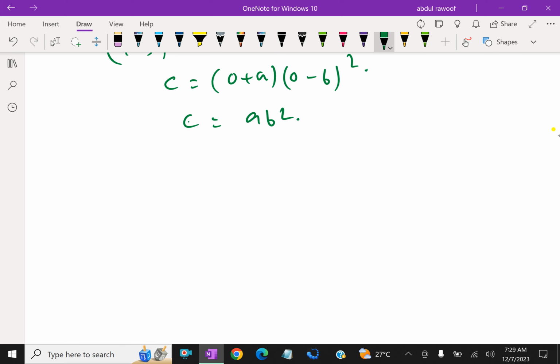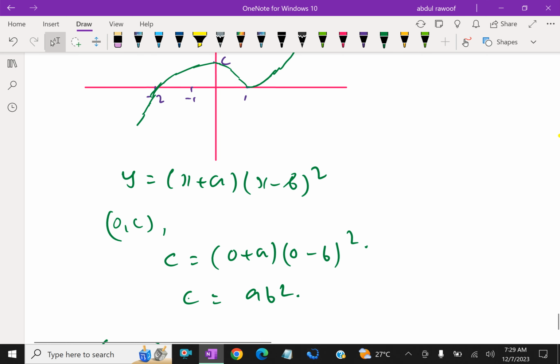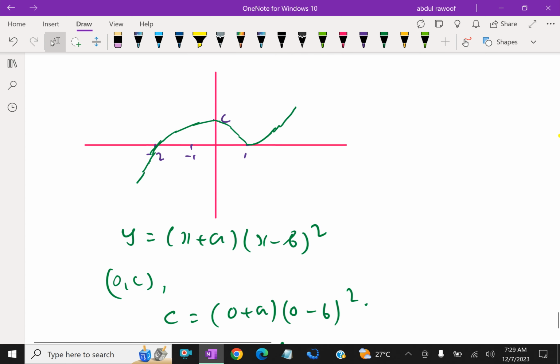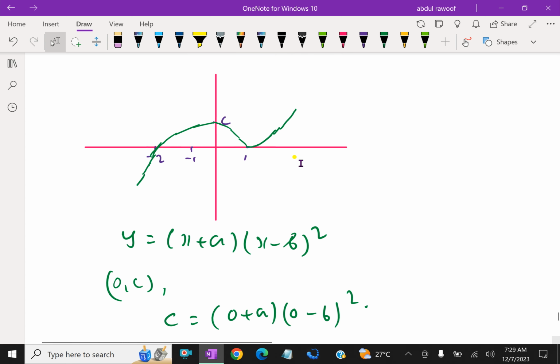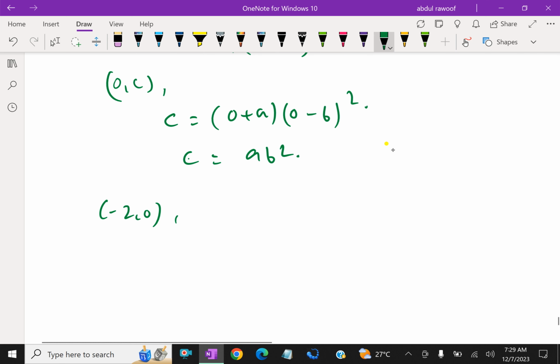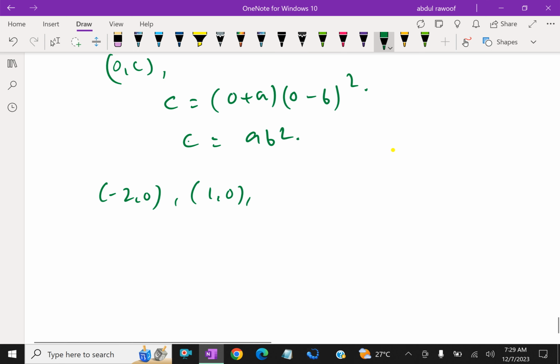Then the points are minus 2 comma 0 and 1 comma 0, and this point 1 comma 0 is repeating.